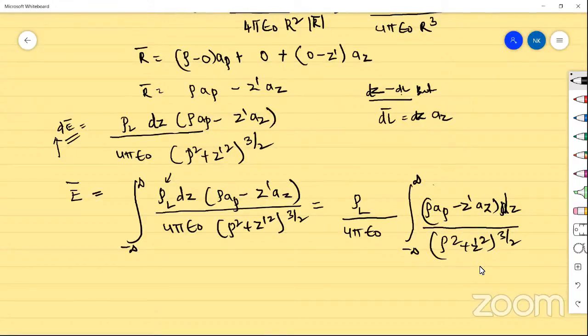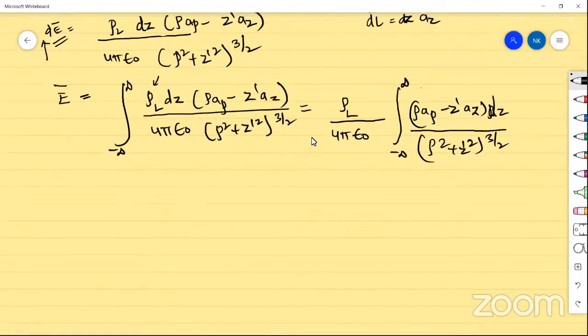Okay, so in this equation, E bar is equal to something.